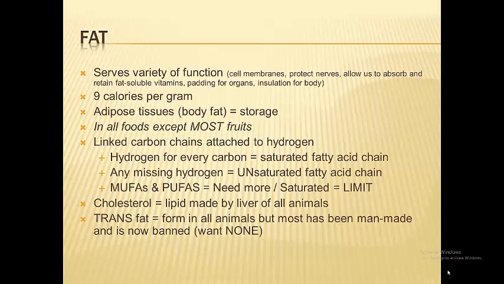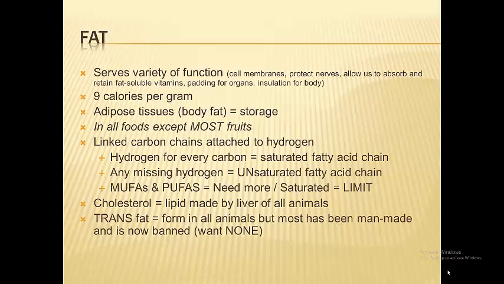You then learned that amongst the unsaturated fats, some are monounsaturated fatty acids, MUFAs, and some are polyunsaturated fatty acids, PUFAs. Unsaturated fats are those which, A, have more beneficial impact on our health, and B, do less harm.